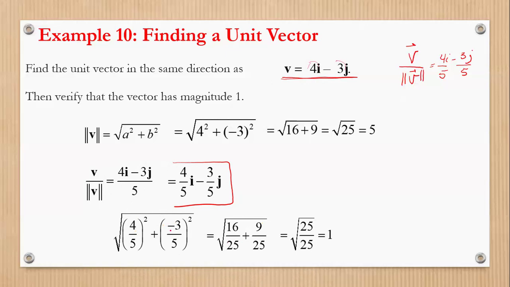And remember, when you square a negative, negative times negative is always positive. 16 plus 9 is 25 over 25, which is 1, and the square root of 1 is also 1. So you verify that the magnitude of this vector is 1, which confirms this is a unit vector with the same direction as vector v.